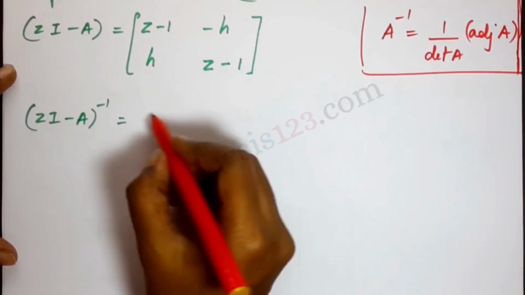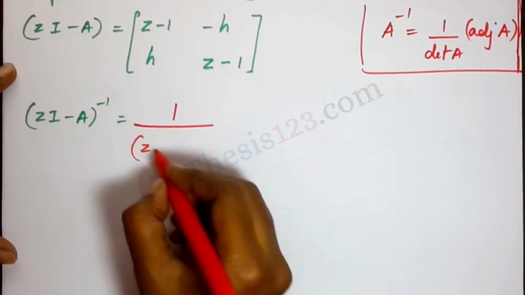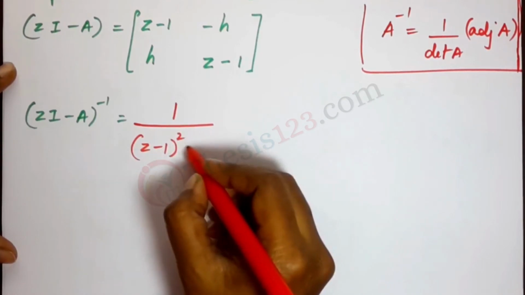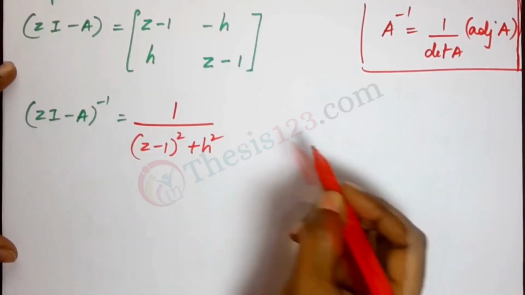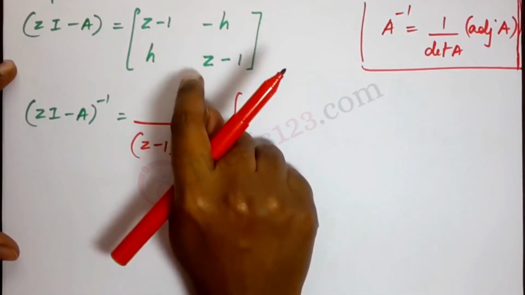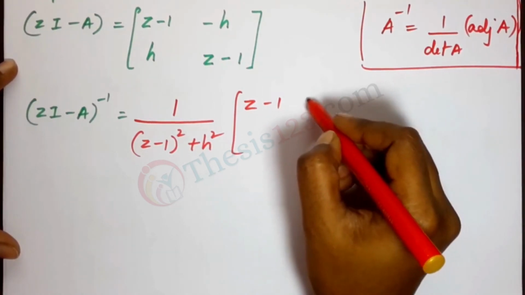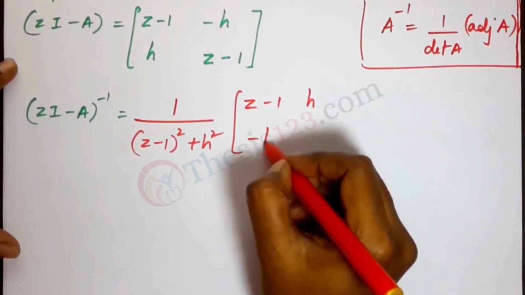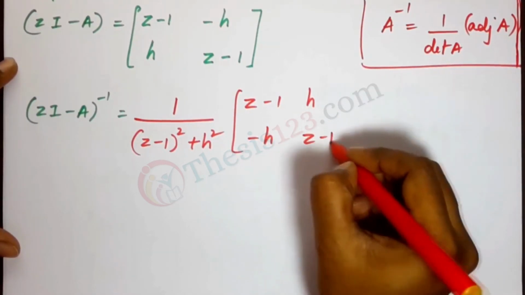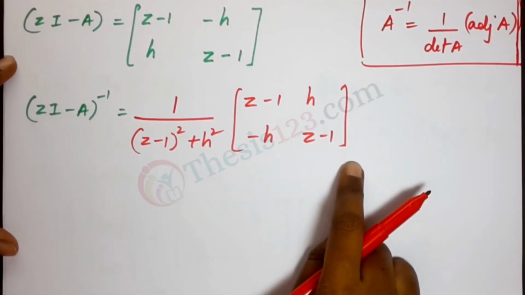We would now have 1 divided by the determinant, which is z minus 1 squared plus h squared, into the adjoint of A. Now the adjoint of A would be z minus 1, h, minus h, z minus 1. So this is our inverse.